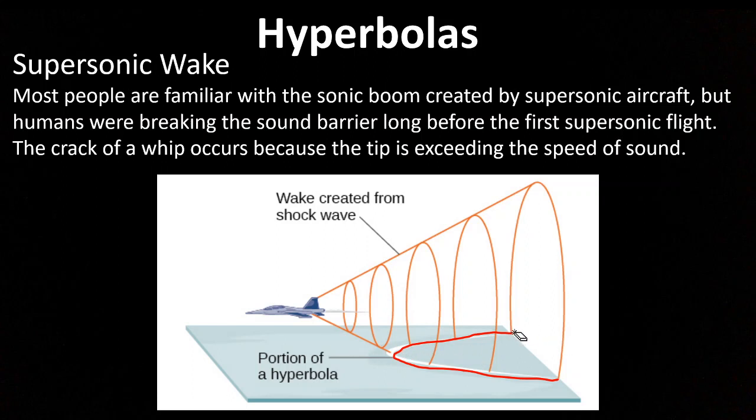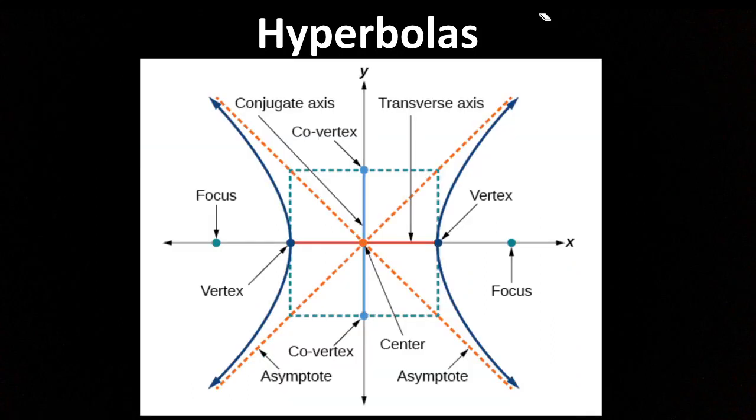So the intersection that you get is a hyperbola, that shape. Okay? There's also an example of when the crack of a whip occurs because the tip is actually exceeding the speed of sound. That's why you hear that crack.